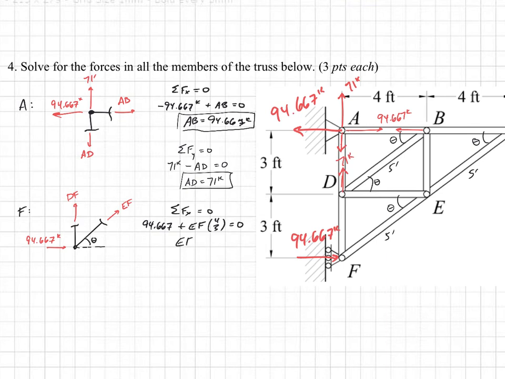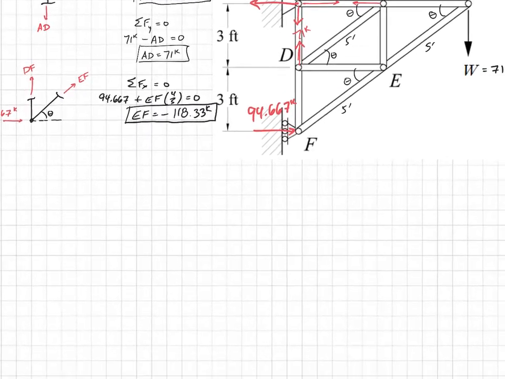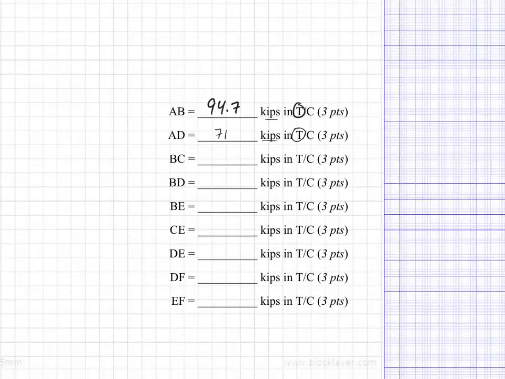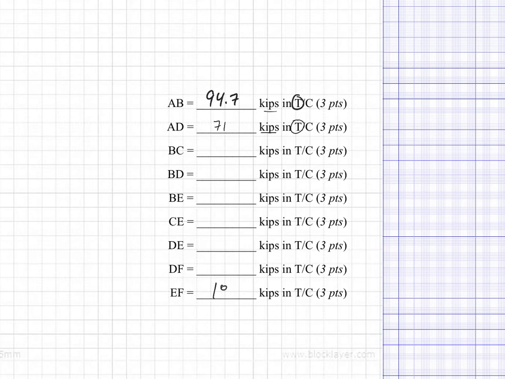So EF equals negative 5/4 of 94.66, which is 118.33 kips. It's got a negative sign on it. I assumed tension, so it's going to be in compression. So I'm going to write 118 in compression for EF.